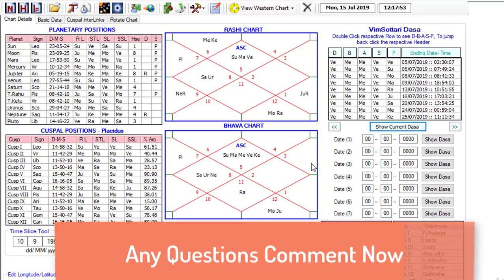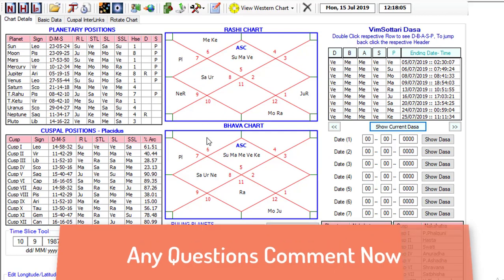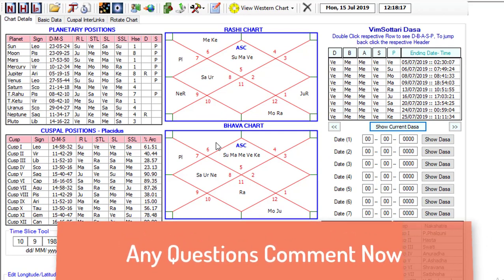So the first house is going to negate the result of the second. That's why, although Mercury owns the second and 11th, it is sitting in the first house, which reduces the effect of generating money or finance.